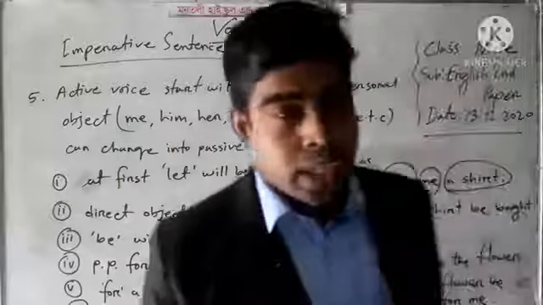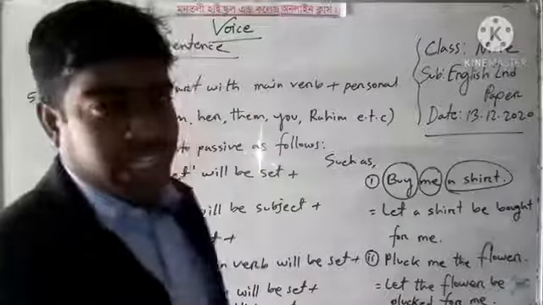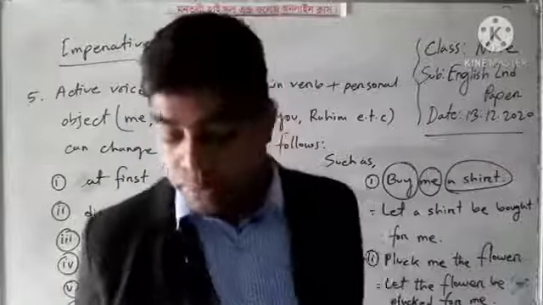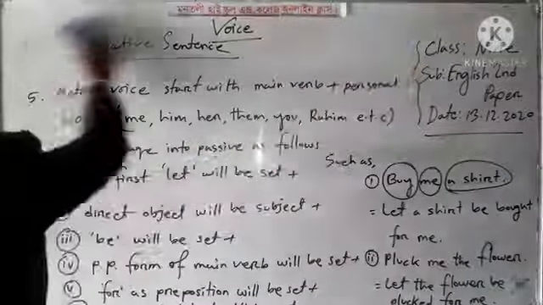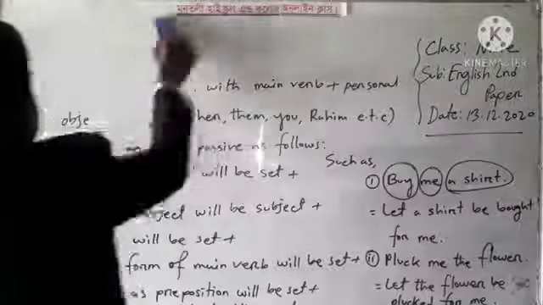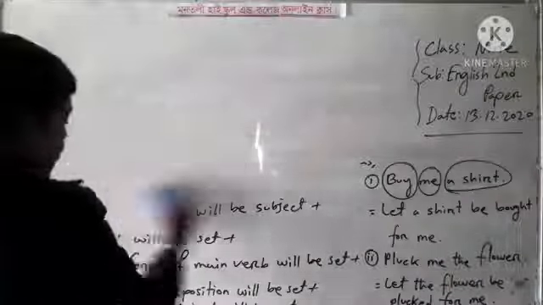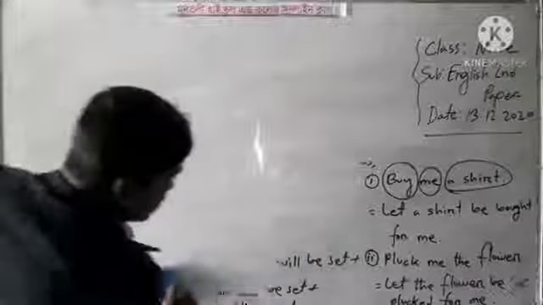Okay, actually the imperative sentence of active voice is finished here. Now I am going to the interrogative sentence. Dear learners, if you follow me very attentively, it is clear to you to understand.